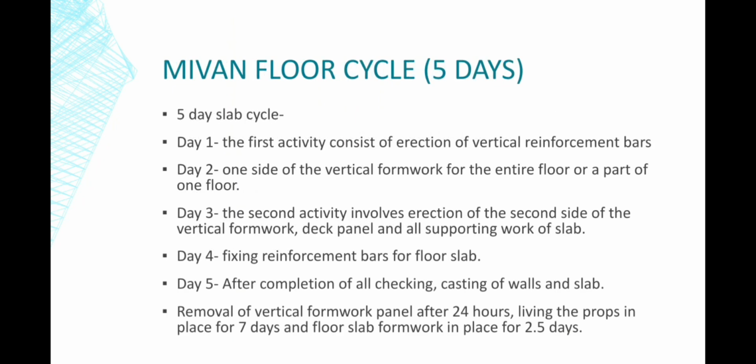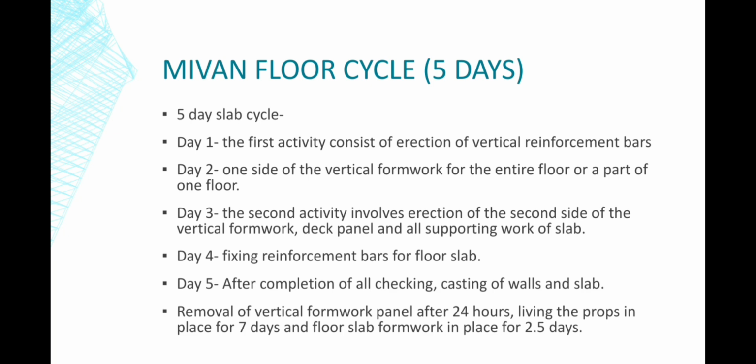And this is a Maivan floor cycle, a 5 day cycle. On day one, the first activity consists of erection of vertical reinforcement bars. On day two, one side of the vertical formwork for the entire floor or a part of one floor.